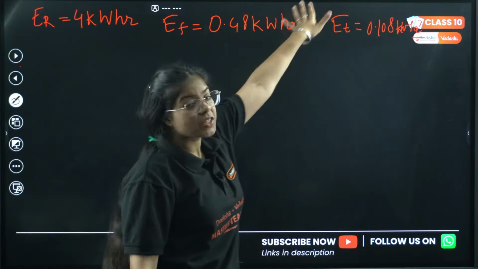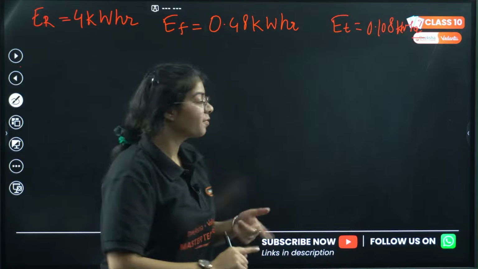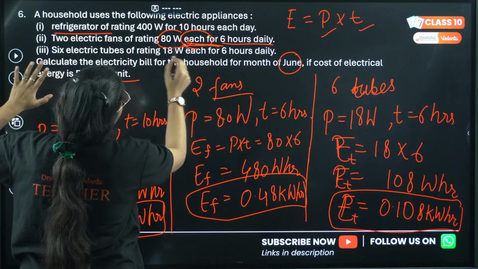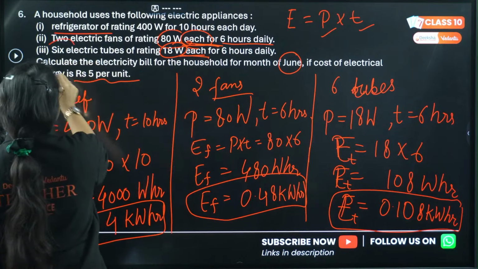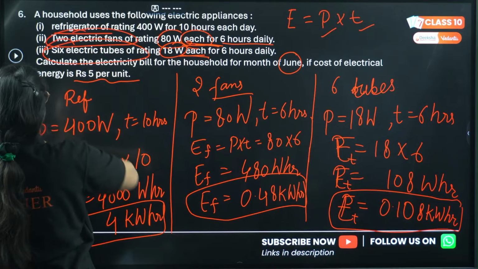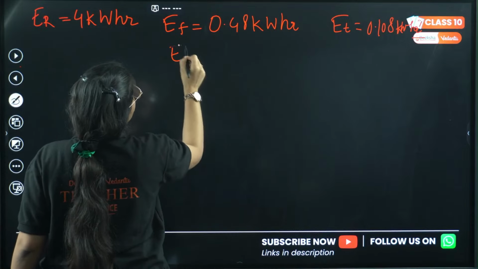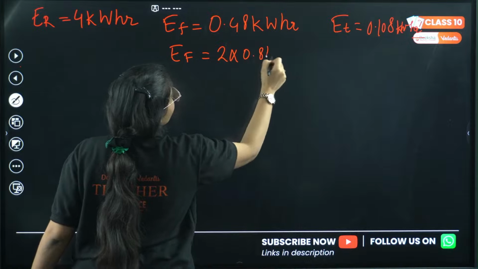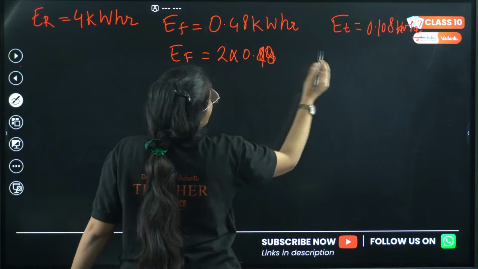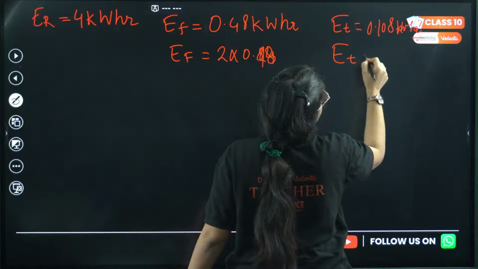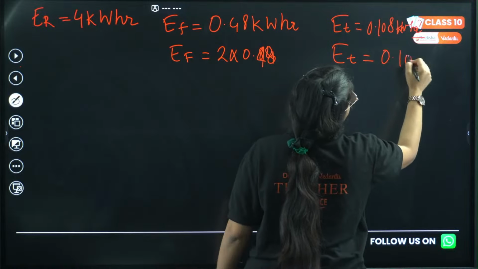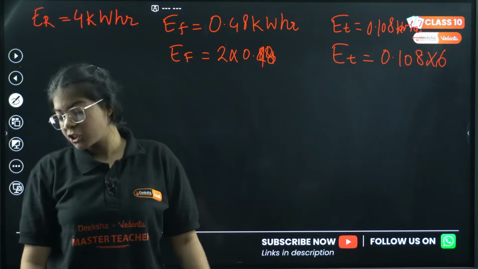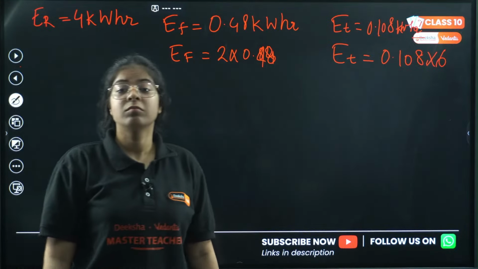But these two energies are for one fan and one tube. Can you see? 80 watt each and 18 watt each. But we have 6 electric tubes and 2 electric fans. So we have to multiply 0.48 by 2, and then multiply the tube energy by 6, because we have 6 tubes and 2 fans.